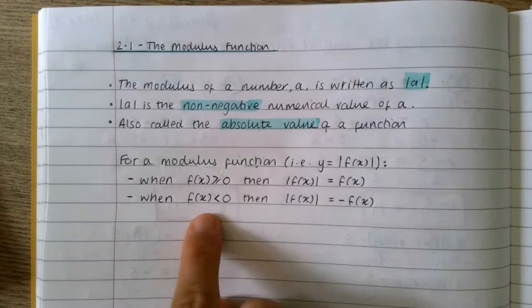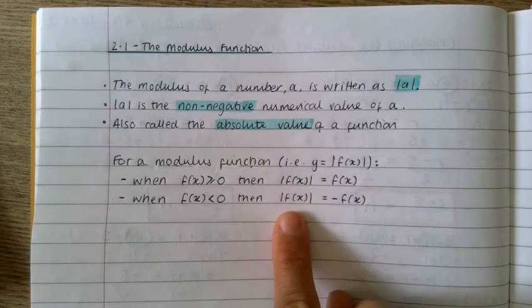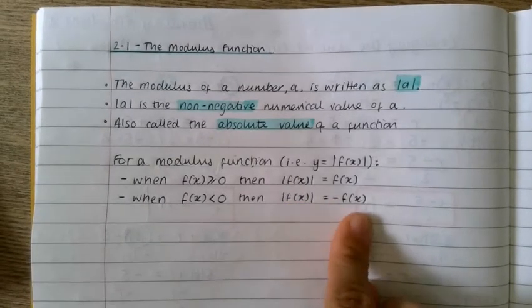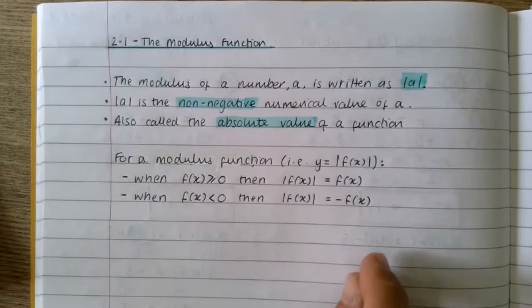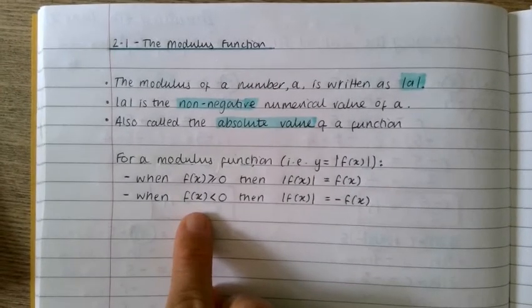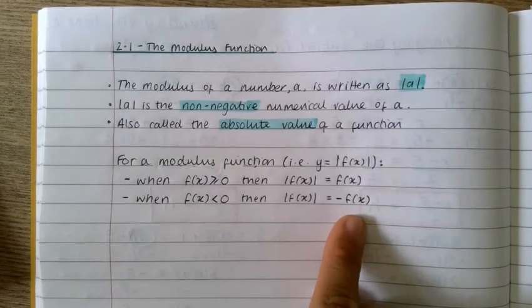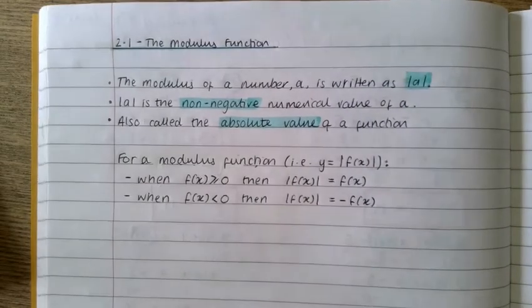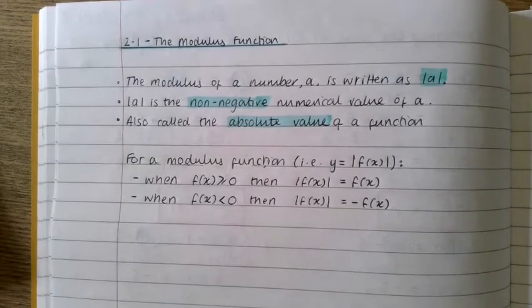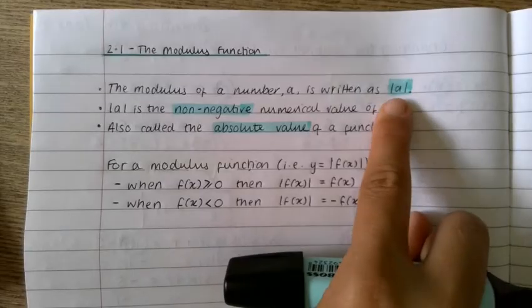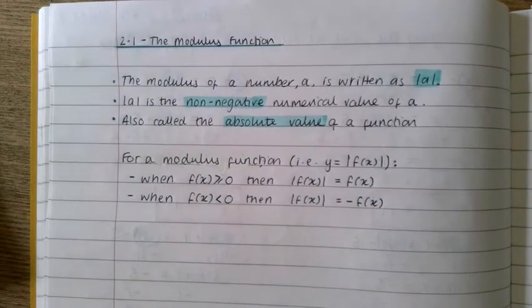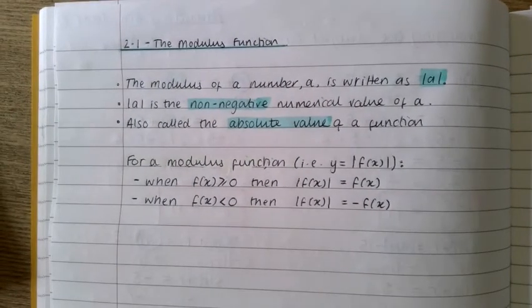So where your function gives a negative value, the modulus of the function is equal to the negative of that. In my case, with 2x plus 3, I substituted negative 200, I got negative 397, so my modulus will be the negative of that, and the negative of negative 397 is positive 397. So essentially, you're always taking the positive value of the thing that you're working with, whether it be just a number or a function. This will be made so much clearer in examples 1 and 2, so we'll do those now.